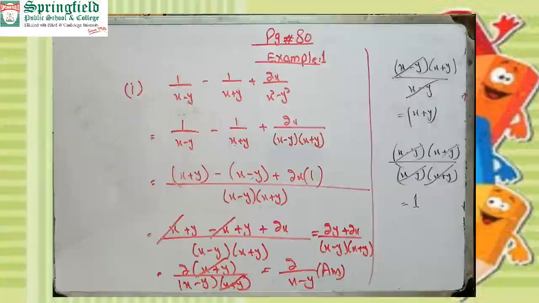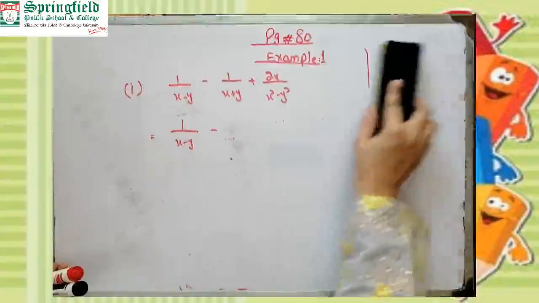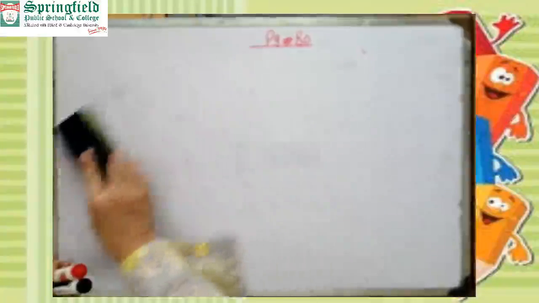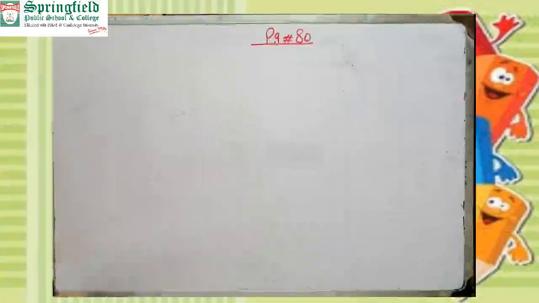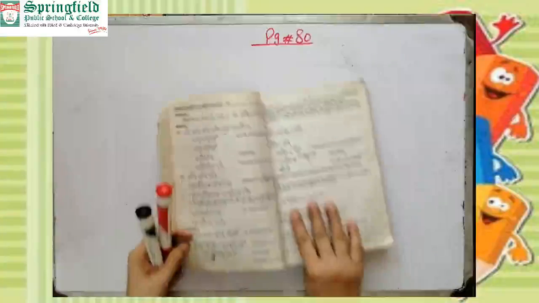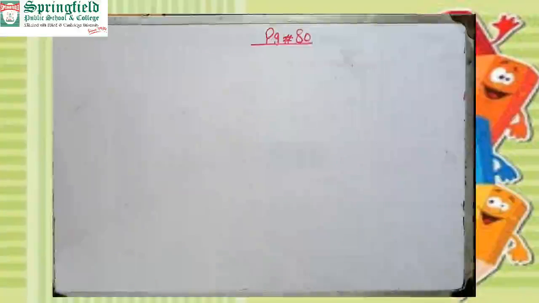Now come to example 2. In example 2, they are saying find the product, which means multiplication. Find the product of this expression. So how can we find it?